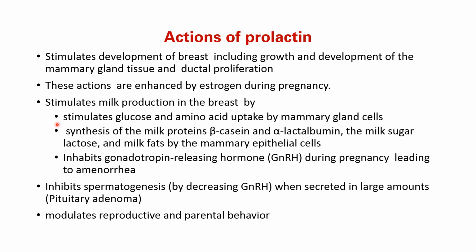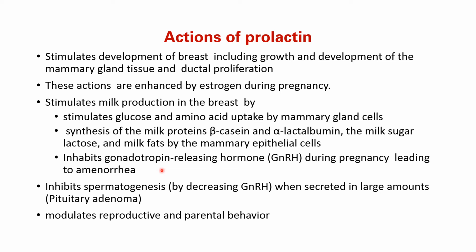It may stimulate some lactogenic enzymes, which are involved in the synthesis and production of the components of milk. Within the mammary glands, the milk contains the protein beta-casein, alpha-lactalbumin, milk sugar lactose, and milk fat. So it's really rich.